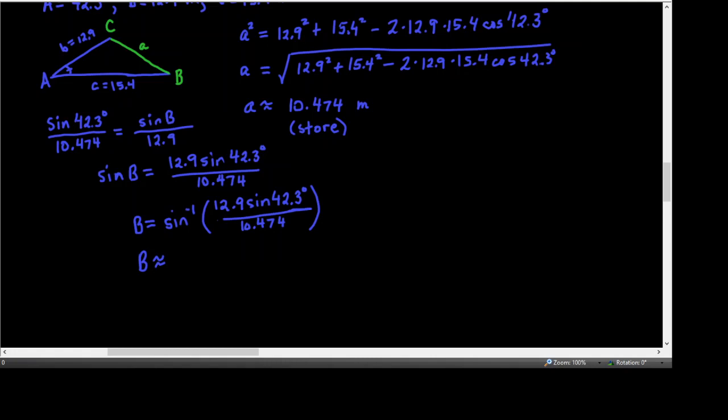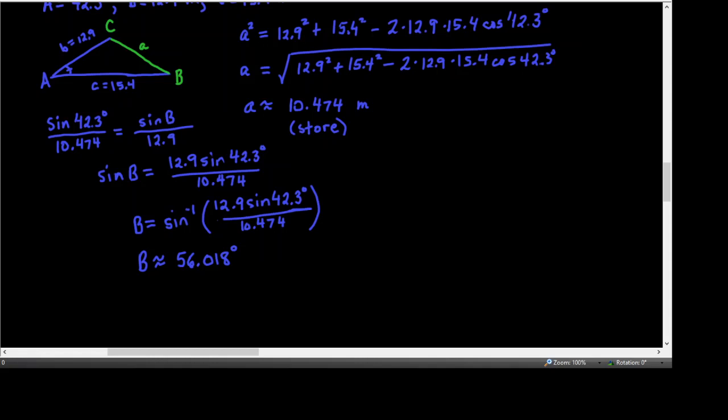And when you find B, it should be 56.018. Did I forget anything? Yes, I forgot the degree symbol. That's the unit of the angle B, so you've got to make sure you put that on there.